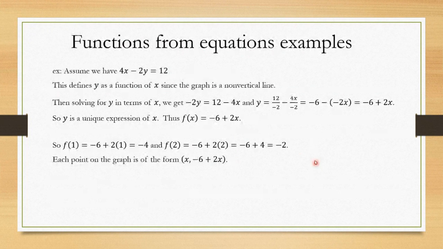In fact, here's an example: 4x minus 2y equals 12. You actually can get a function from this. I did say already that a non-vertical line is the graph of a function, and the graph of this is a non-vertical line.